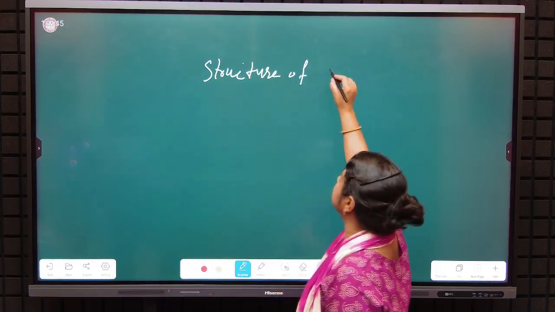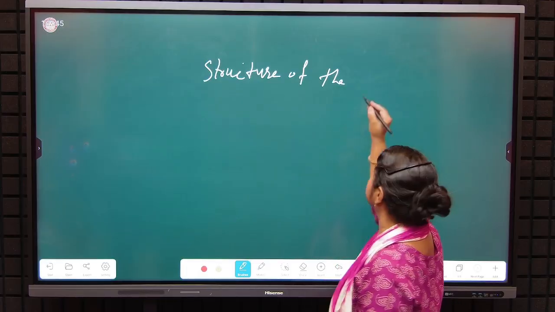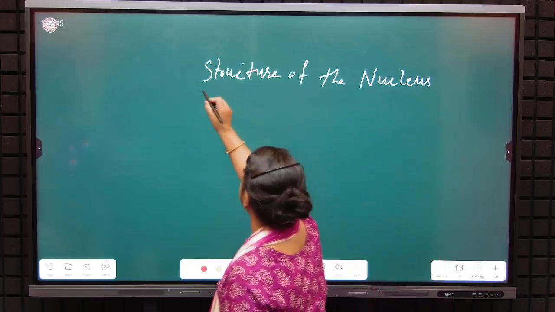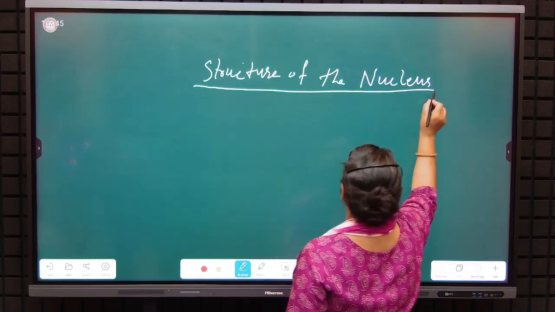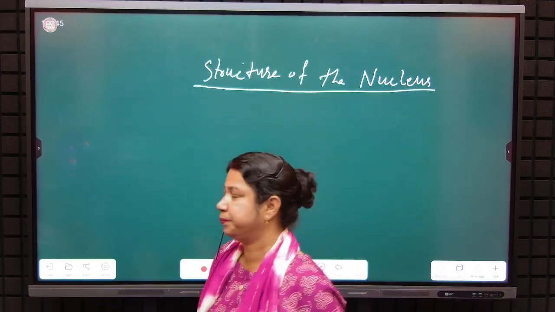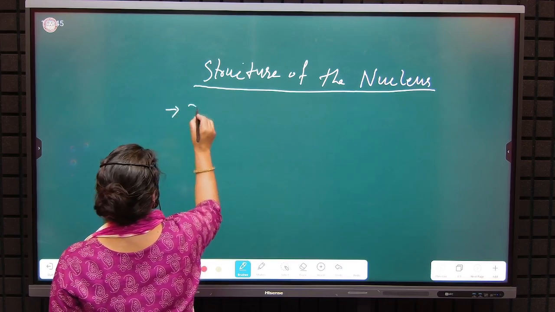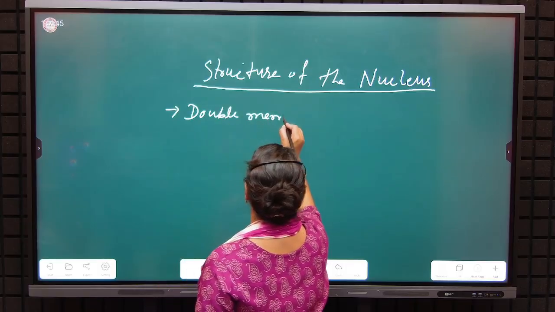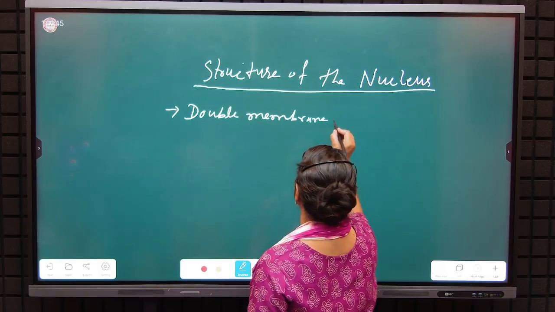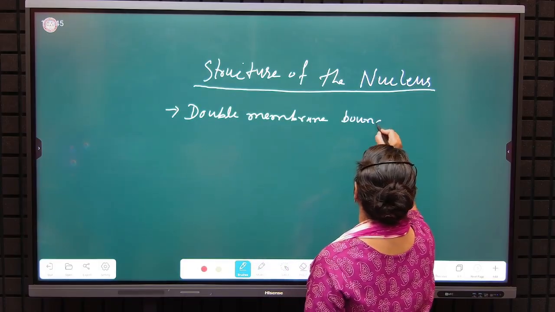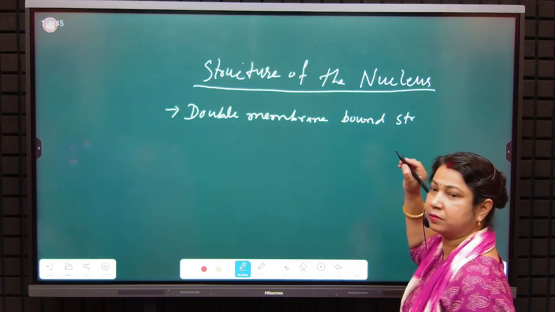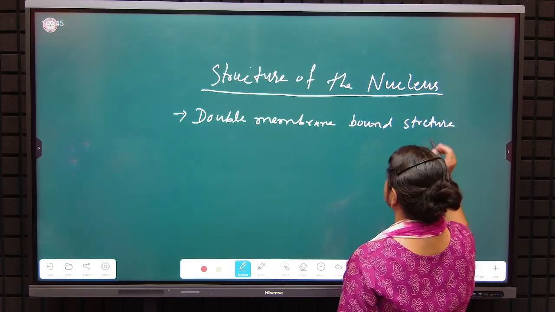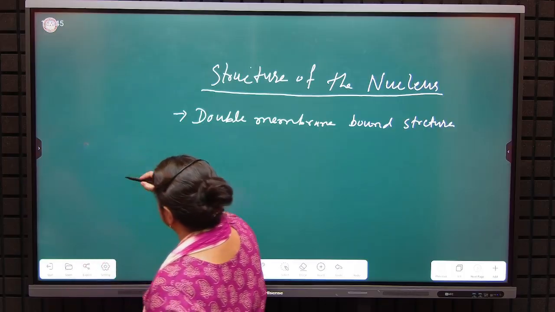Structure of the nucleus. It is a double membrane bound structure, like this.